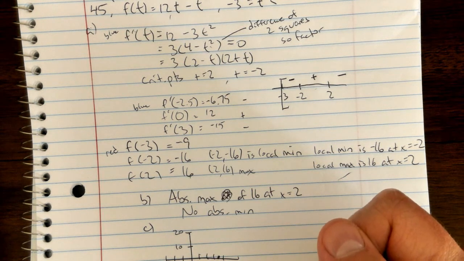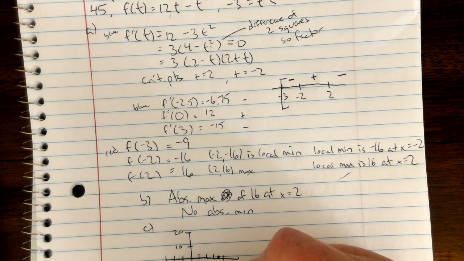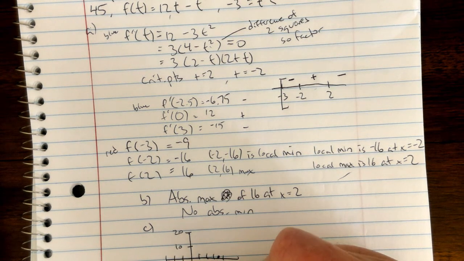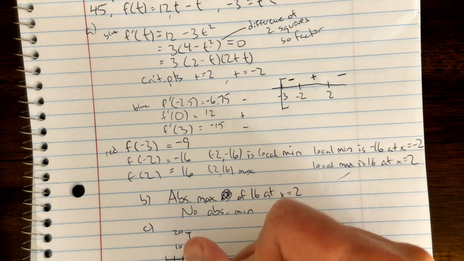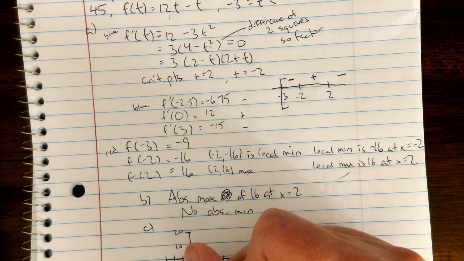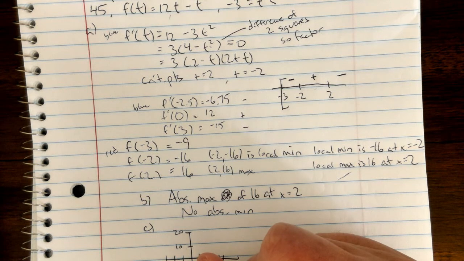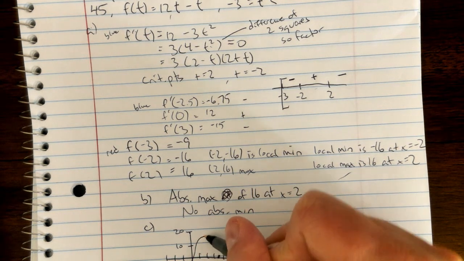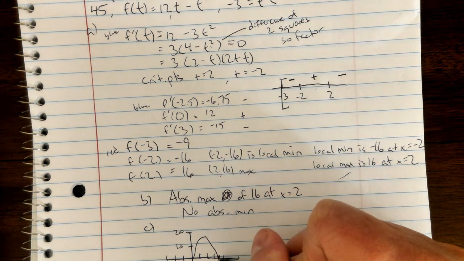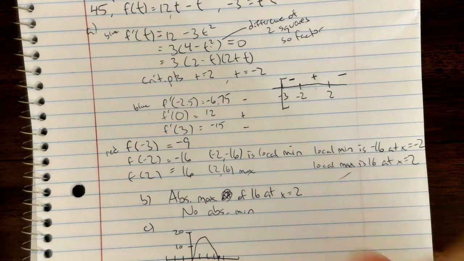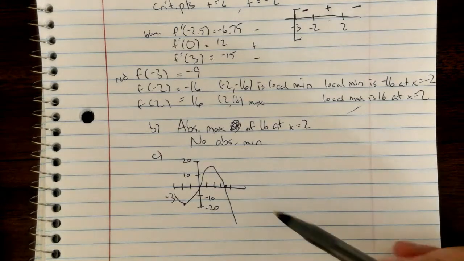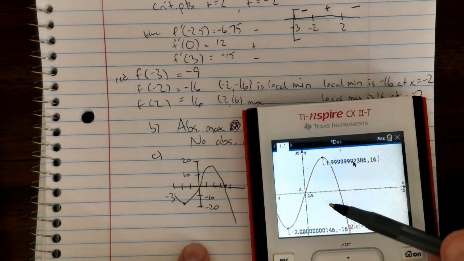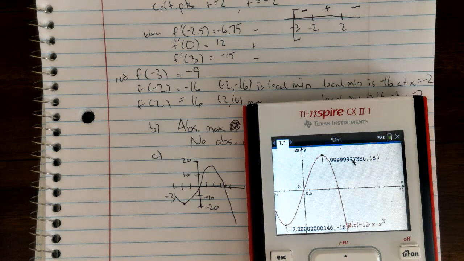And it basically goes at -2 you have a minimum, down, and then up to where it's +2, and then went through here. So basically something like that. That's what you want.